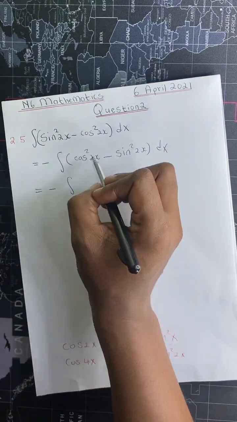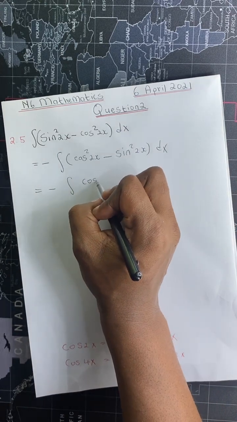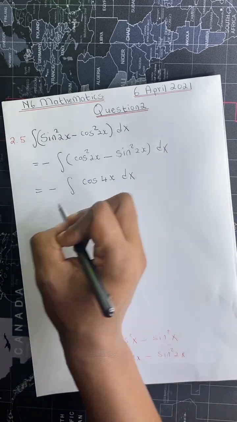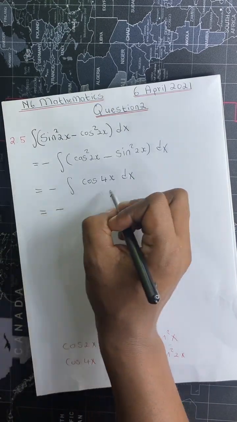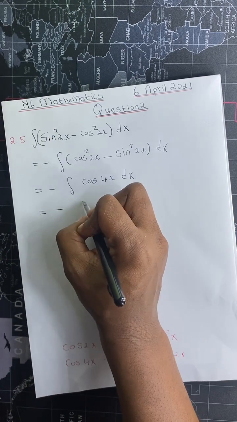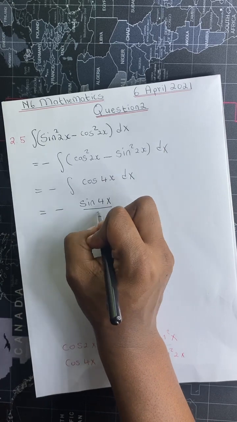Then from here, cos squared 2x minus sine squared 2x will be equal to cos 4x dx. So the integral of cos 4x dx will be equal to sine 4x over 4.